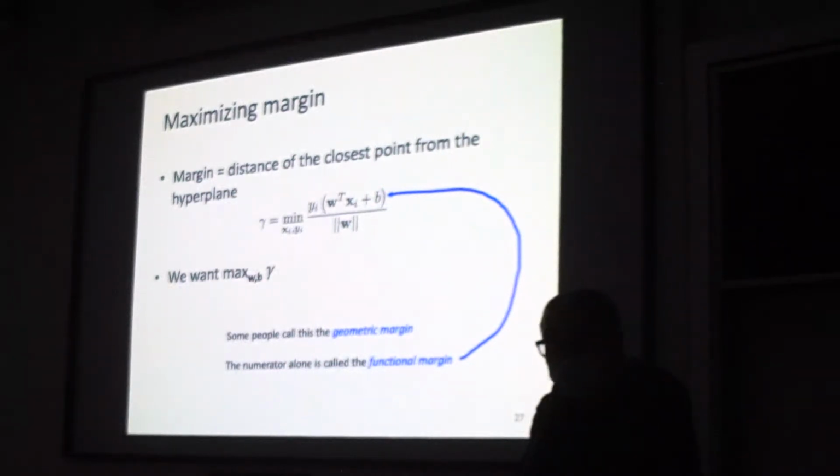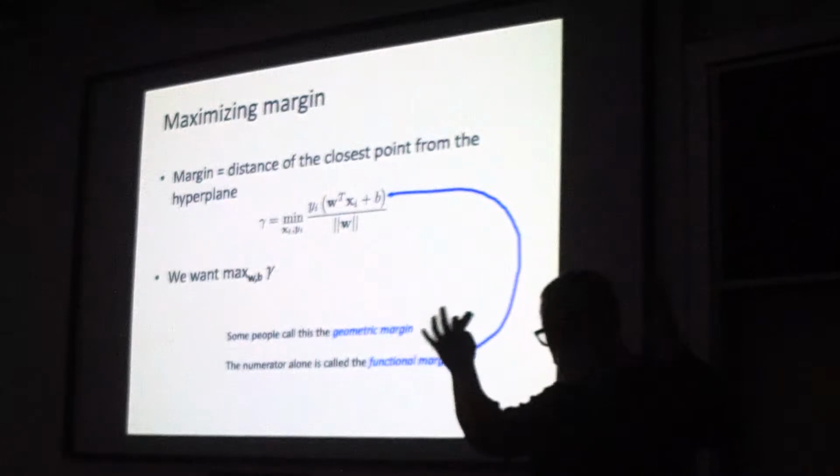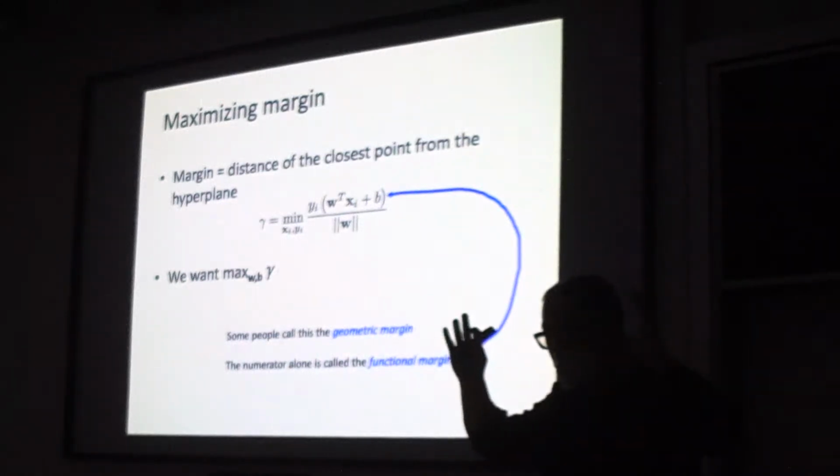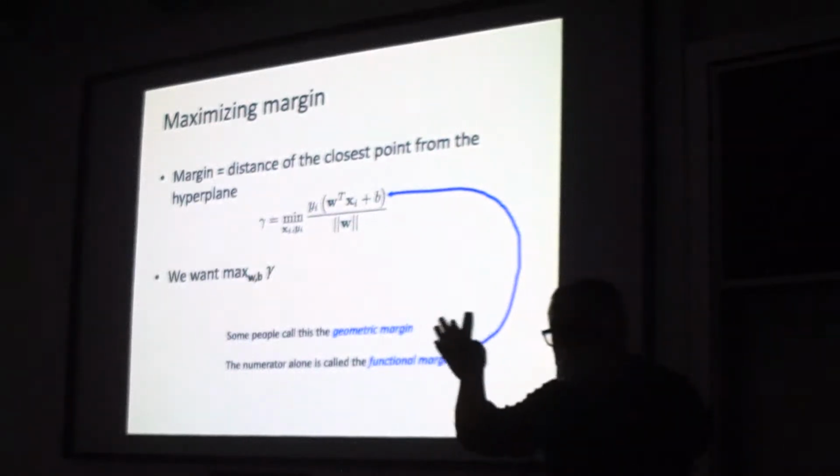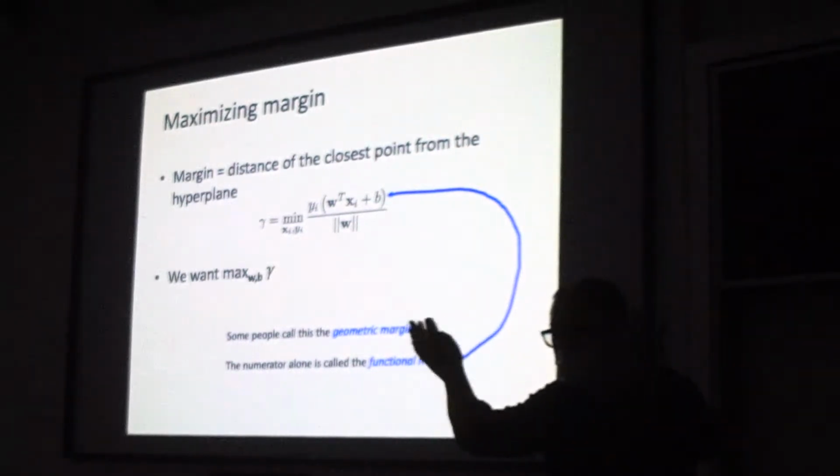We discussed it in detail in the last lecture; here we just briefly review. The key idea is that if you look into the entire space of W and B, they're actually redundant in representing the separating hyperplanes. Why? Because for the same pair of W and B, you can scale it up or scale it down with some positive number.